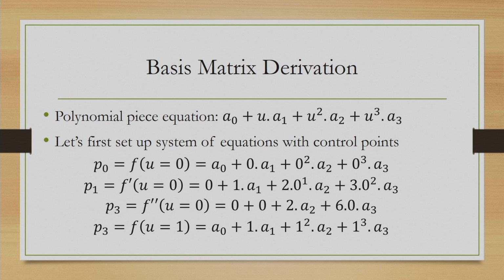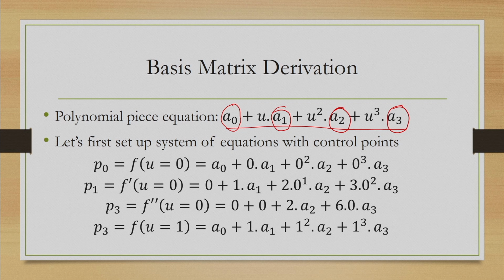So, in case of natural cubic spline, since we are using cubic polynomials, the general polynomial piece equation should look something like this, where A0, A1, A2 and A3 are coefficients, and u is the parameter.